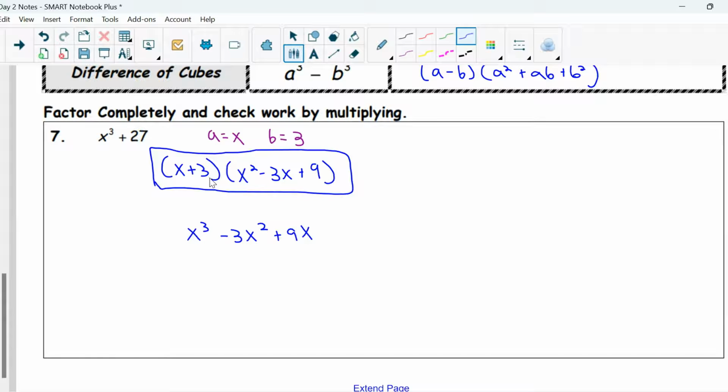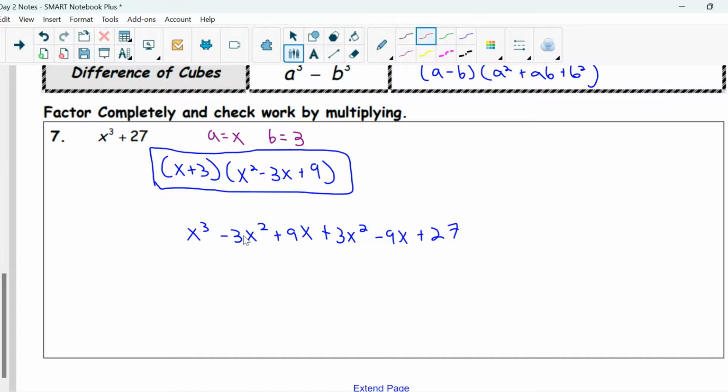Secondly, I have 3 times x squared, which gives me 3x squared. 3 times negative 3x gives me negative 9x. And then 3 times 9, which gives me 27.